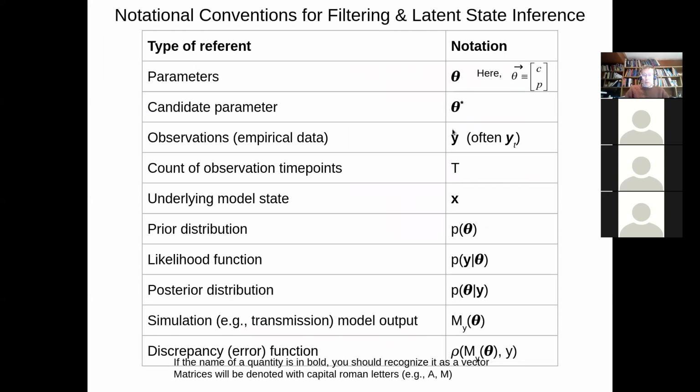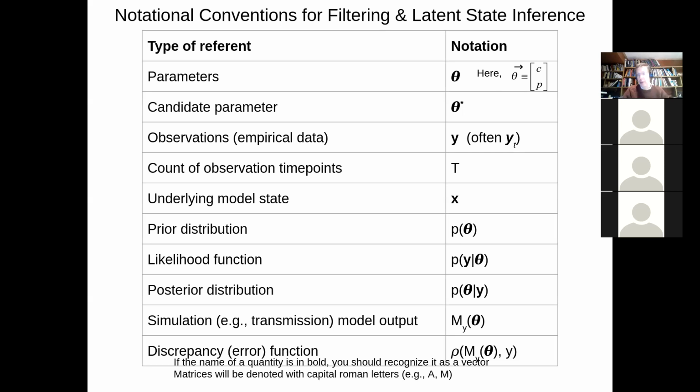Now, that's the kind of current parameter when we show it in an algorithmic context. And we're going to have often a candidate parameter or a proposed parameter value, which we're going to denote as theta star most of the time. Sometimes, in an unfortunate inconsistency, it's denoted as theta tilde with a little tilde character, a little squiggle.